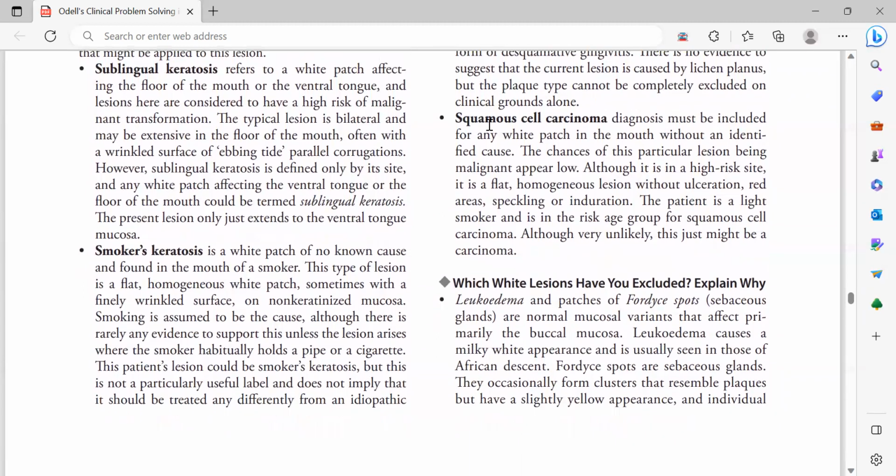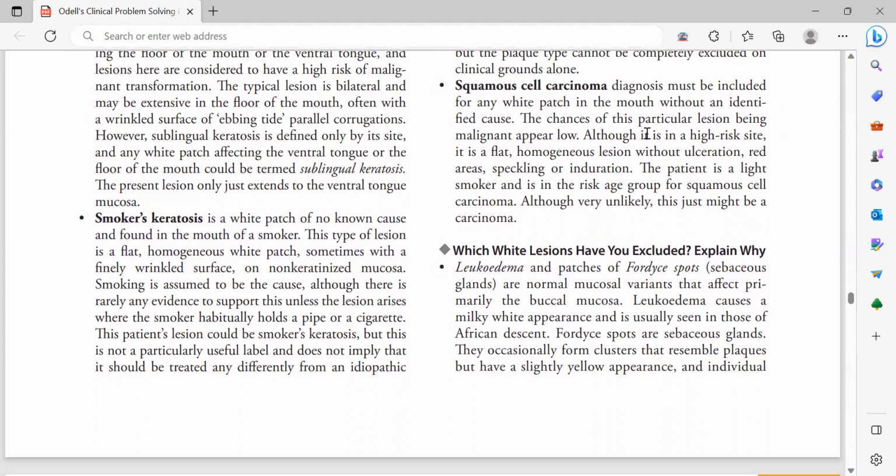Then the other form is squamous cell carcinoma. This diagnosis must be included for any white patch, as we read in TG that we need to be more cautious if the patient has any lesion. Without an identified cause, the chances of this particular lesion being malignant appear low, although it is in a high risk site, which is the lateral surface of the tongue.